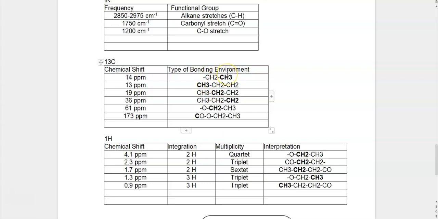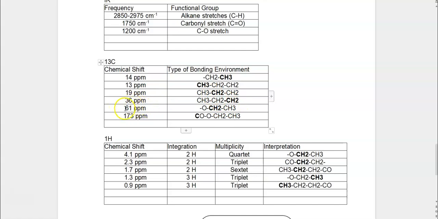But there is a clear difference between the next 3, in which this carbon is right next to a methyl group and a carbon that is within the alkane chain. And then you have this one, which is to the right, which is next to a CH2 and a CH3 on the left, which means it's possibly more shielded.